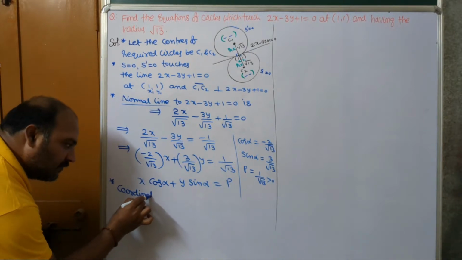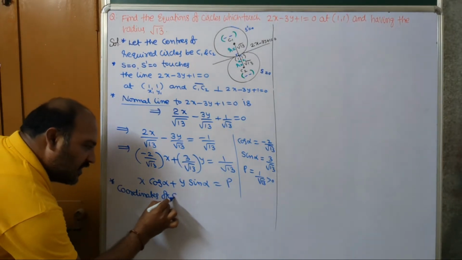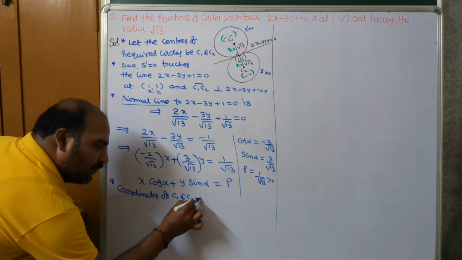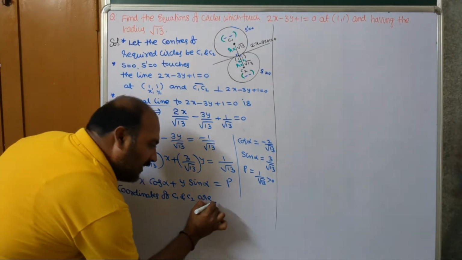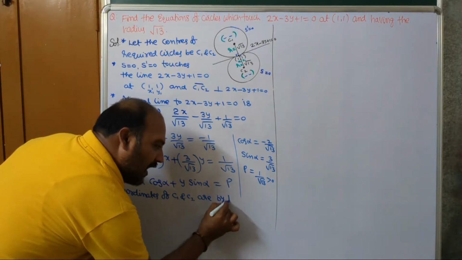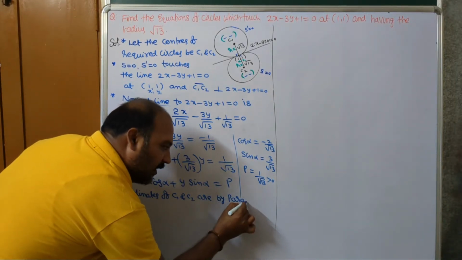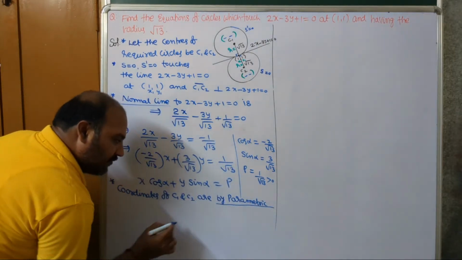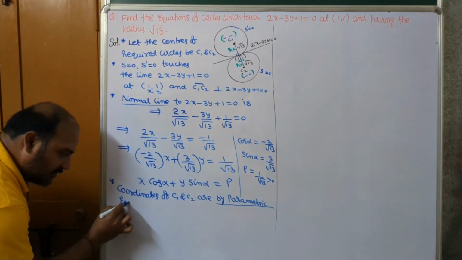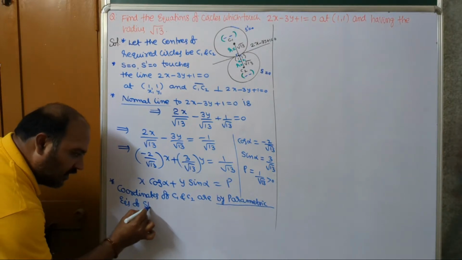Coordinates of C1 and C2 are given by the parametric equations of a straight line.